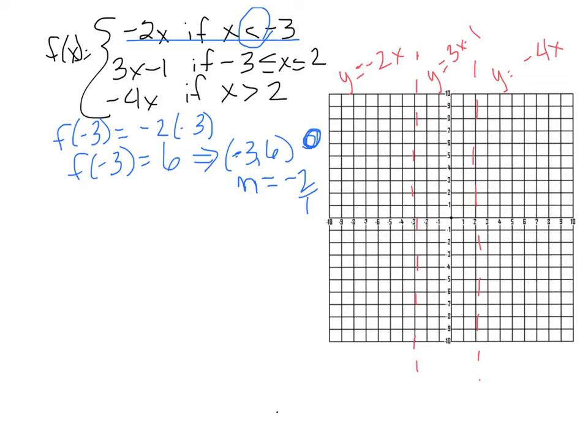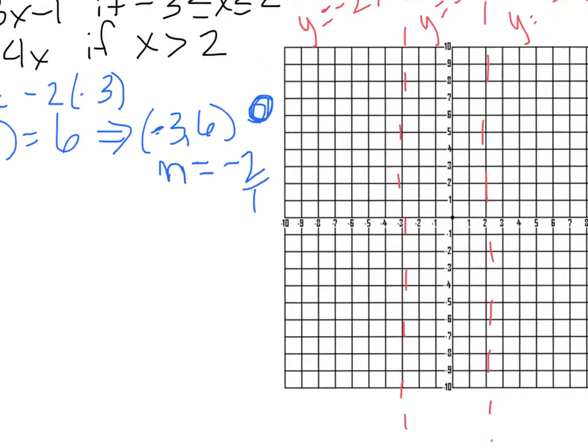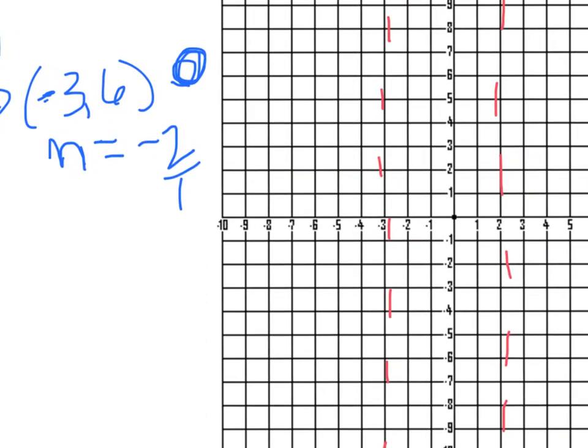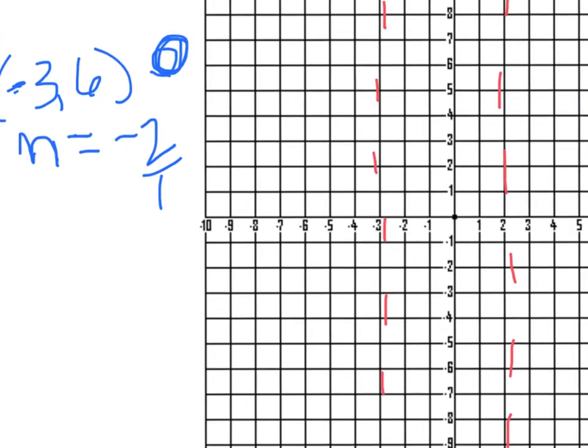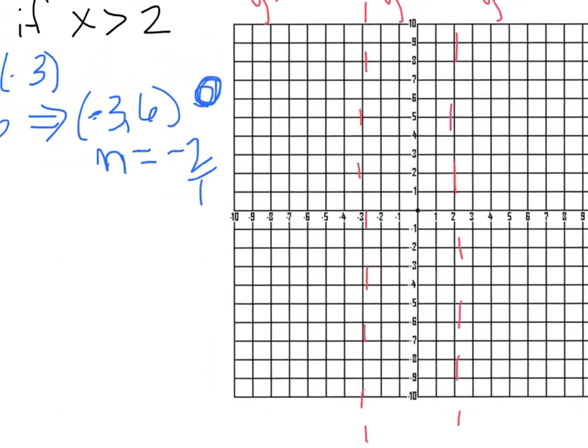Okay, now I'm going to see if I can zoom into this so we can graph our point of negative 3, 6 and negative 2, 1 when I zoom into my graph. Hey, there it is. Okay, so I now have the point of negative 3, 6, and I'm going to scoot it down a little bit.